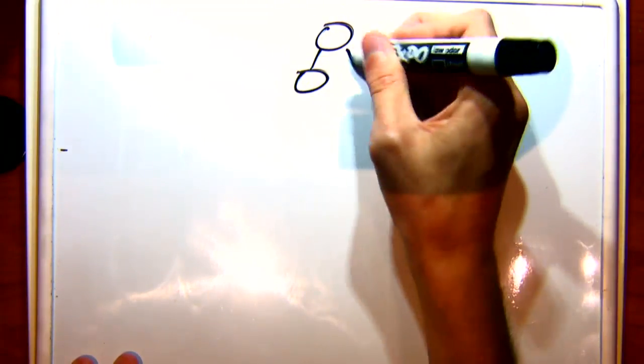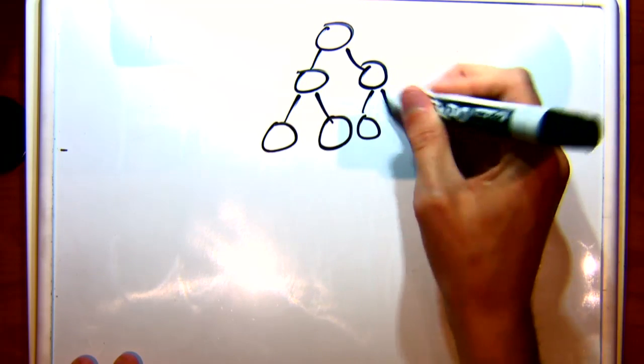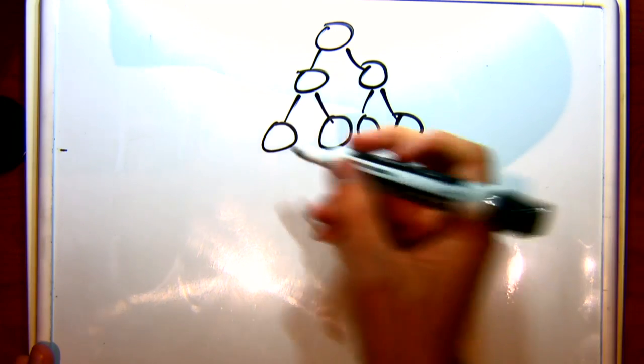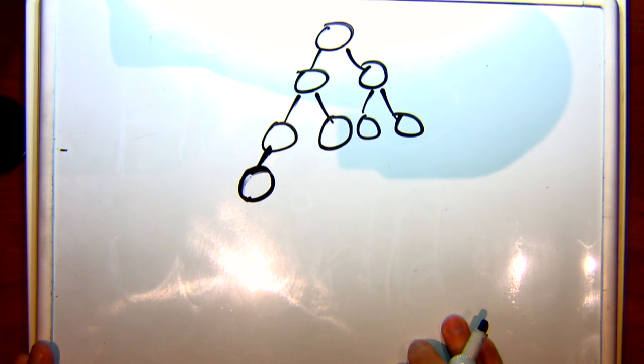A binary tree is a tree where every parent has at most 2 children, but not necessarily 2 children. So this would be a valid binary tree.